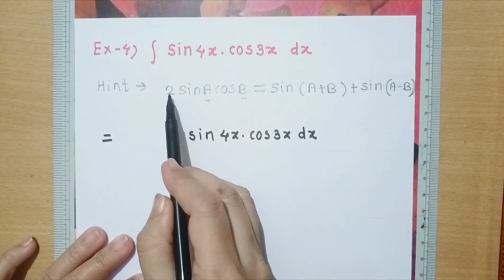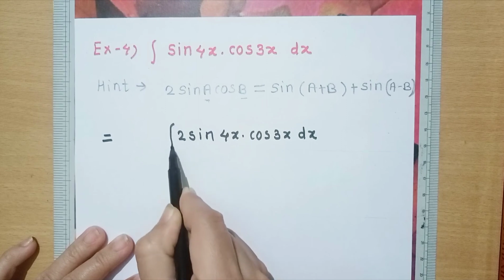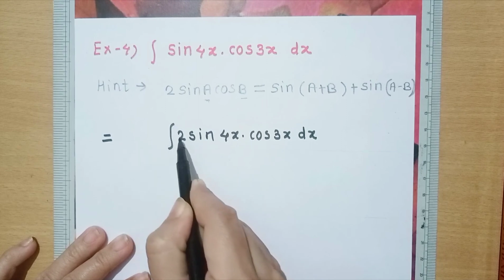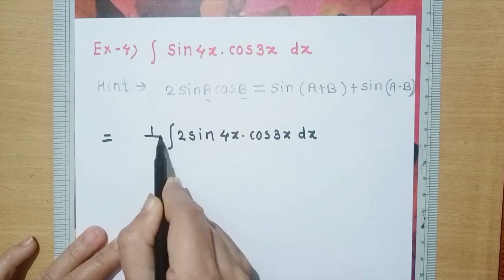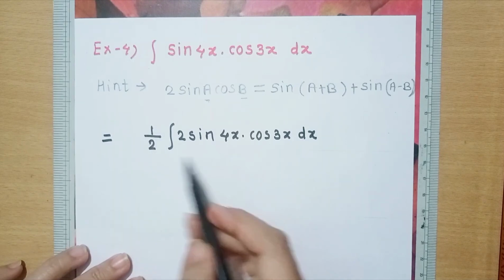Now look here, we need 2 here, so I am taking 2, this is the integration symbol, and since we have multiplied, we will divide by 2, so the value of this will not change.